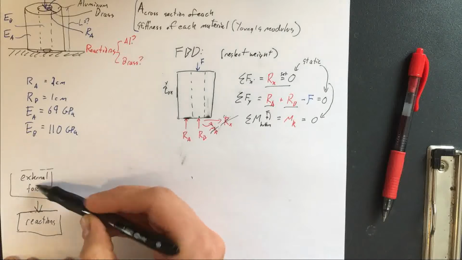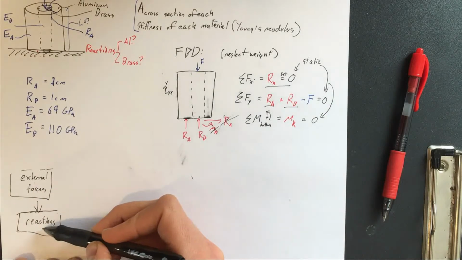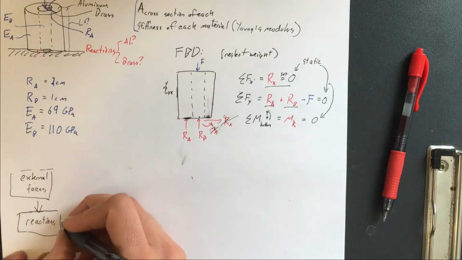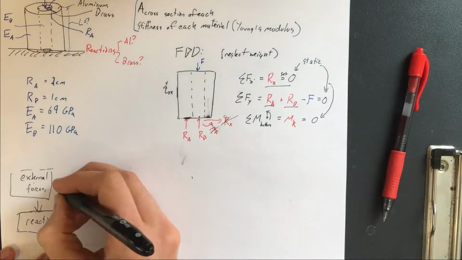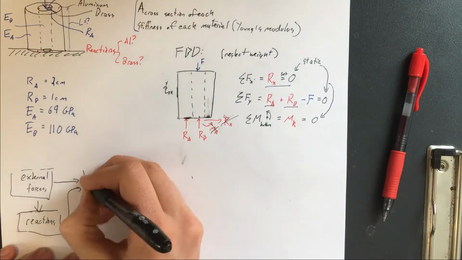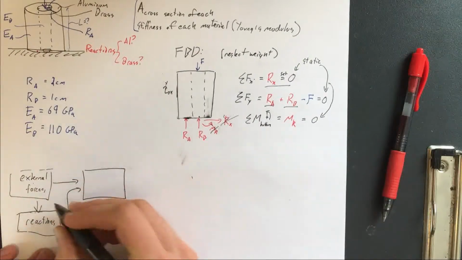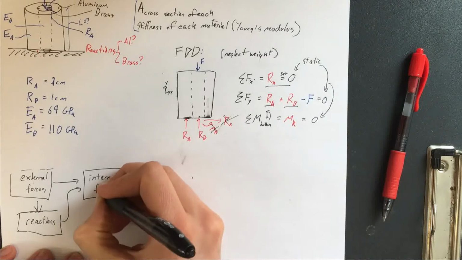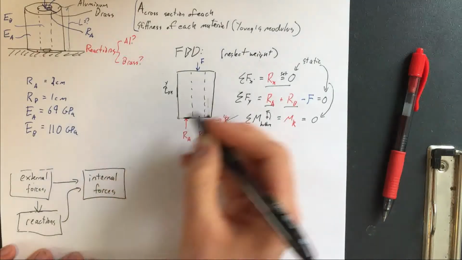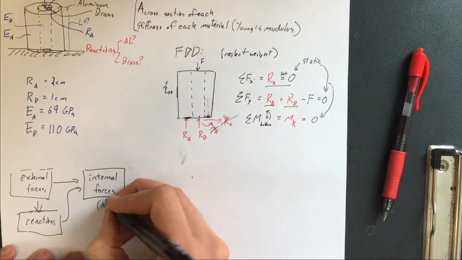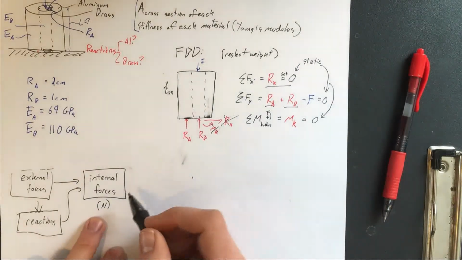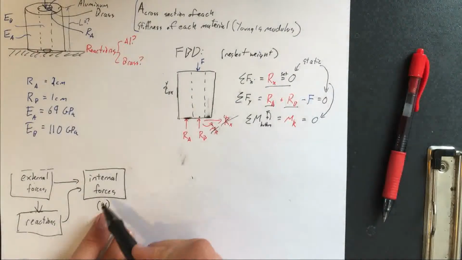But it turns out these external forces alone don't give us quite enough information about the reactions to solve the problem. So with information about reactions and external forces, we can at least get information about internal forces. And for this problem, we're going to be mostly considering the normal internal forces that are transmitted through this system.